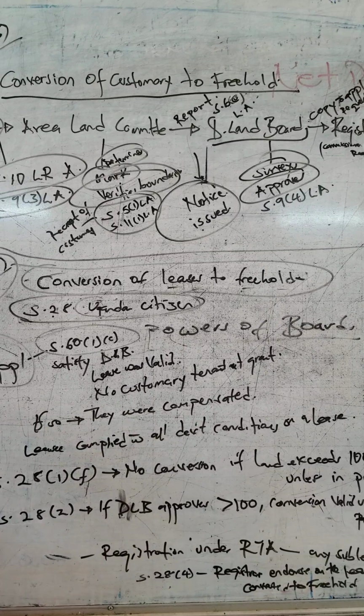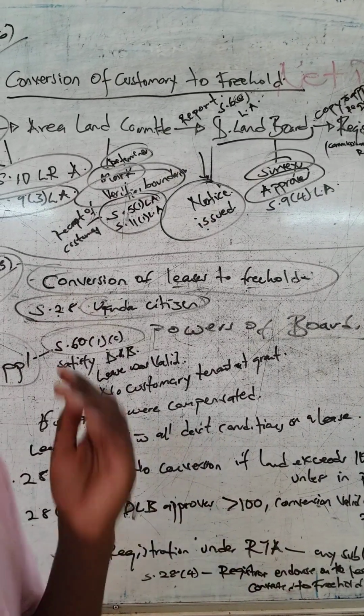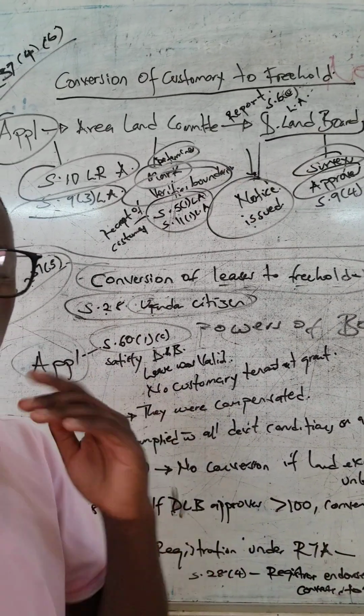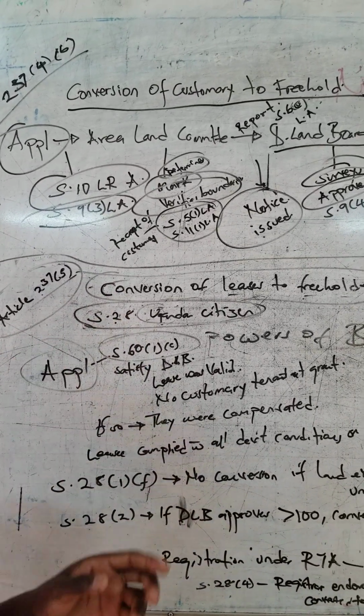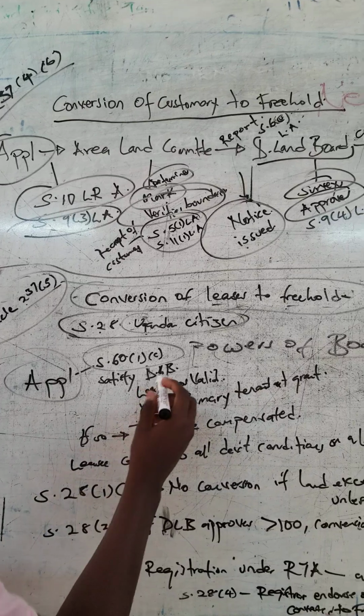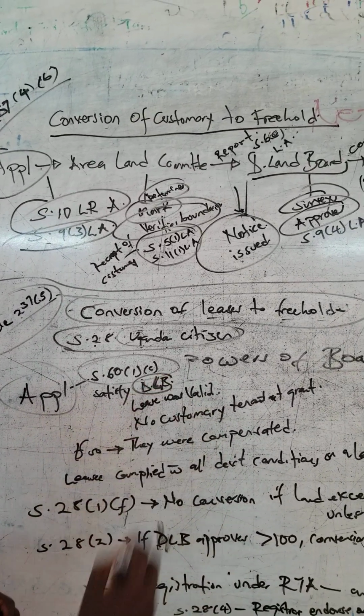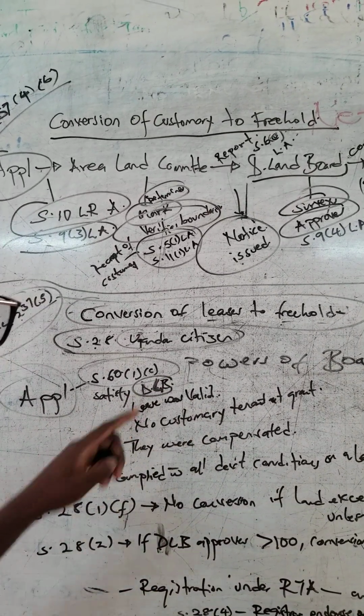So here the board is the one that must take genuine care and make a genuine recommendation in this conversion. You get? So the board, which is the district land board, must be satisfied.